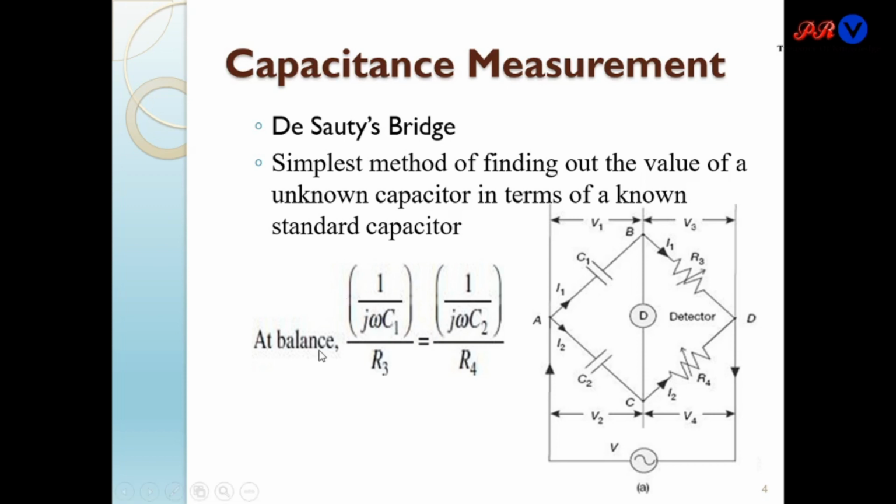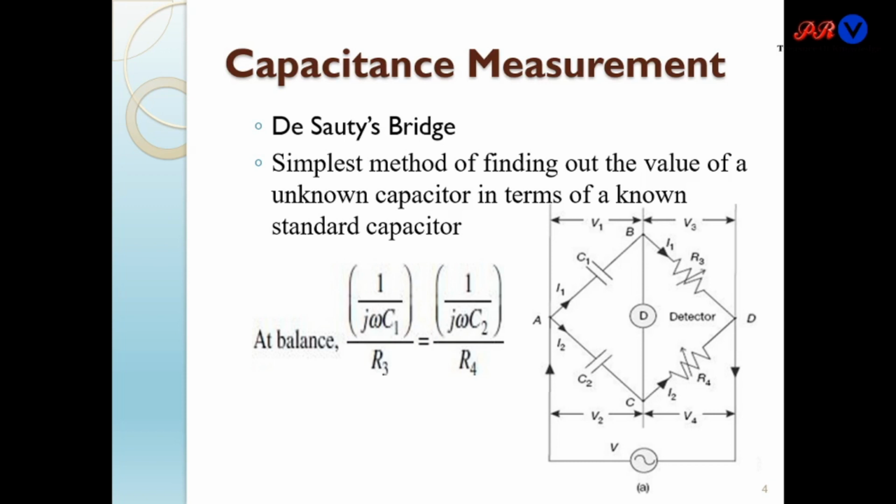So at balance, the product of these impedances, meaning C1's impedance is 1 by j omega C1 and the impedance of this arm CD is R4, must be equal to this product of impedances. So at balance we will get this condition, and from here the known values are R3, R4 and C2.